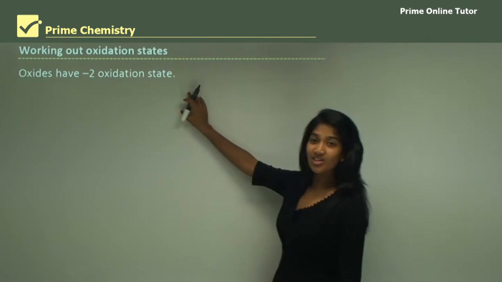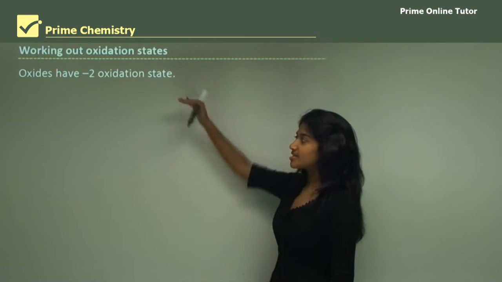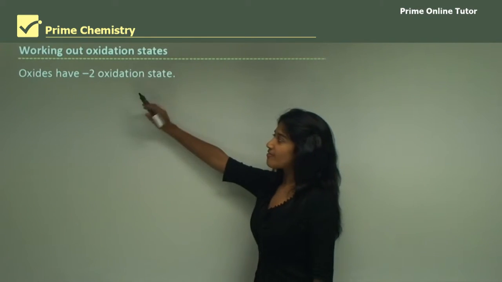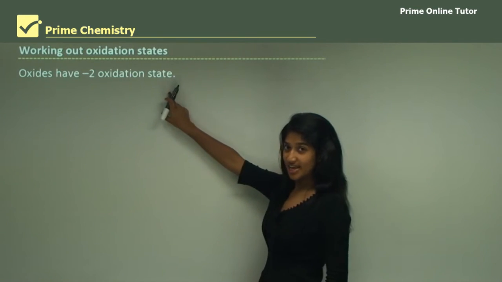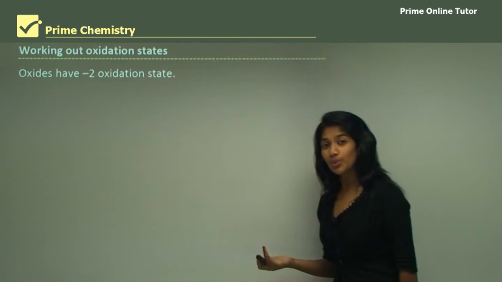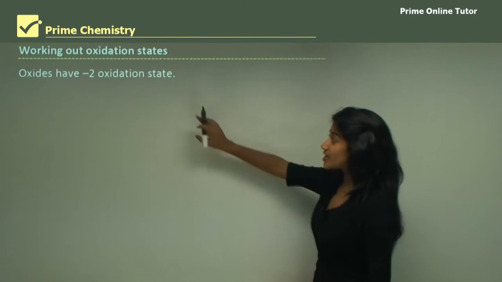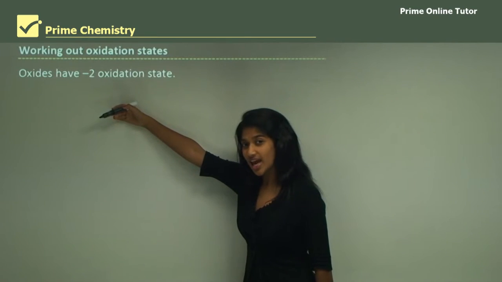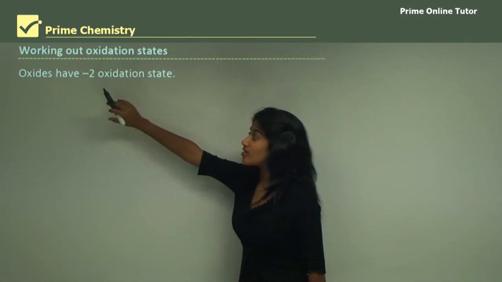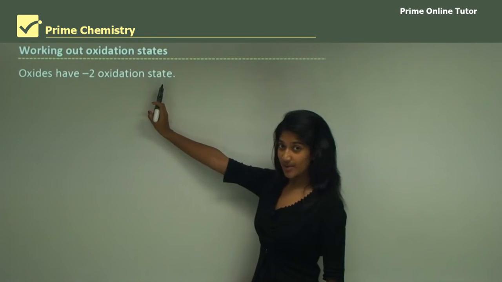Now to work out the oxidation state, you have to remember two steps, and these are fundamental rules. The first is that oxides have a -2 oxidation state. So if you want to work out the oxidation state of an atom in a molecule, you would first consider the oxygens in the compound, and all the oxygens would have a -2 oxidation state.